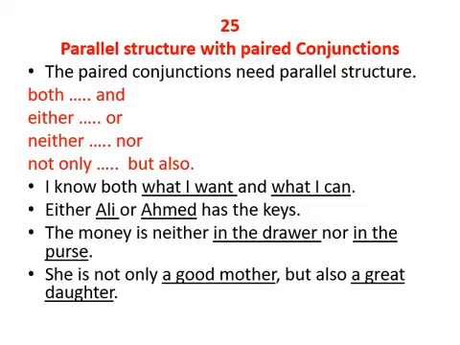Ali, Ahmed. طيب the money is neither in the drawer nor in the purse. في المحفظة. She is not only a good mother but also a great daughter. A good mother, a great daughter. خدوا بالكم حتى يعني عندي اسم وصفة قبليه، وهنا اسم وصفة قبليه.